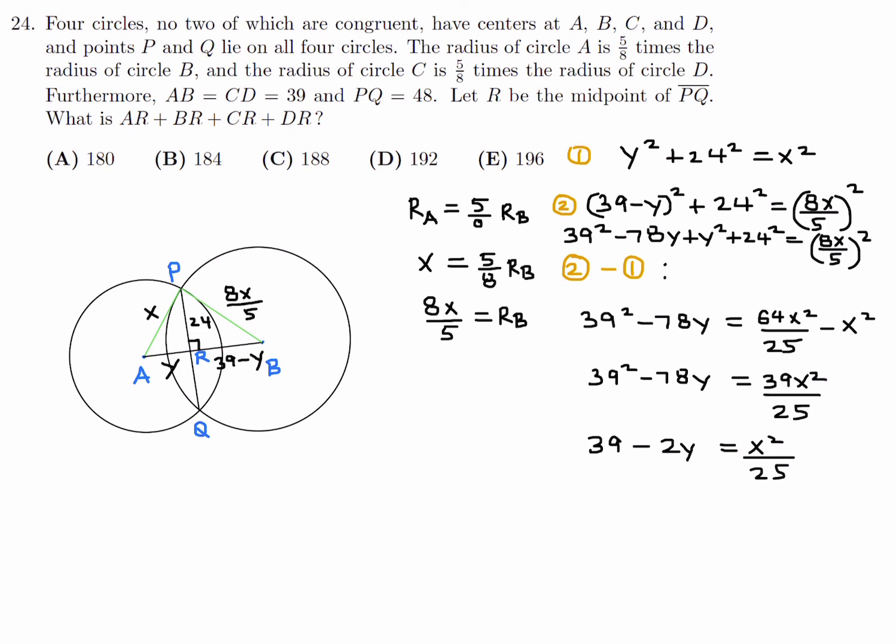Now what we can do is we can substitute that into here. So that equation was y squared plus 24 squared is equal to x squared. But x squared we can get from this equation in terms of y. It's basically 25 times 39 minus 2y. Right? So let's work with this now.